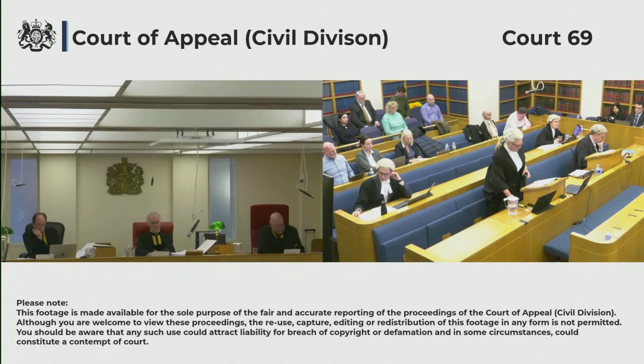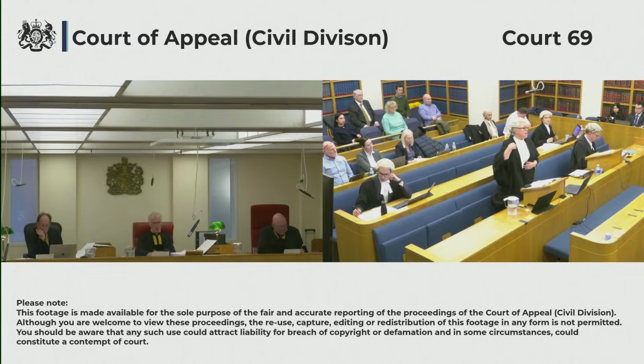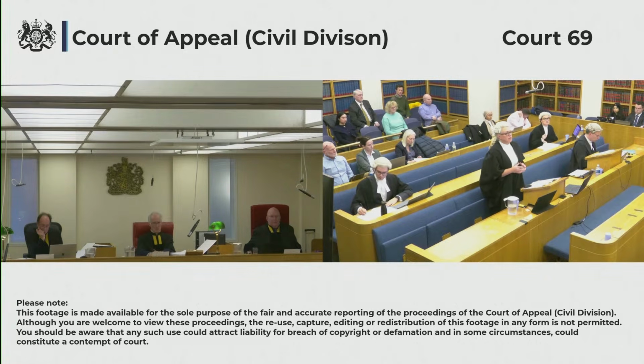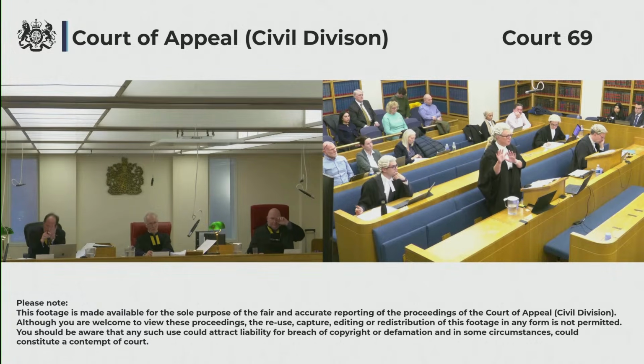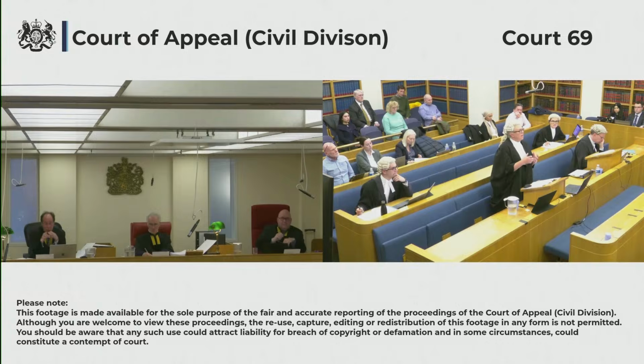Now, if the effect of paragraph 5.5, as the appellants contend, is that the cost of making good structural defects that do not amount to repairs, so the bit of the Venn diagram that's not in the overlap of the circles, is recoverable, if the lease were to make the tenant liable for those costs, then under the provisions of the Housing Act 1980 and 1985, those provisions would be void, because the carve-out is silent as to what happens to that wider category of works to remedy a structural defect.